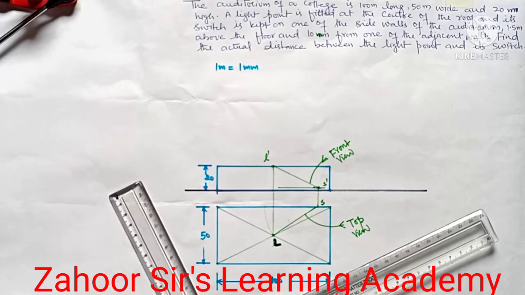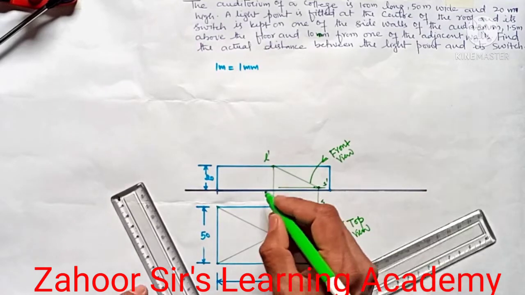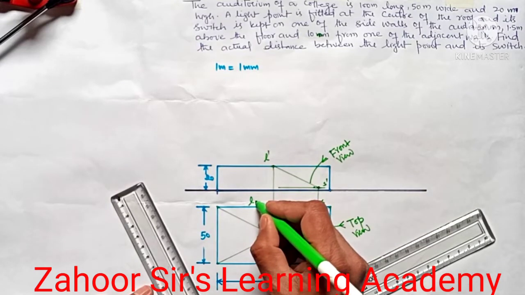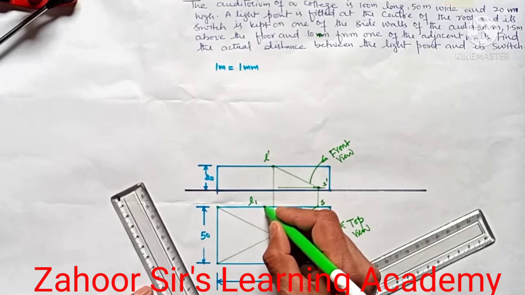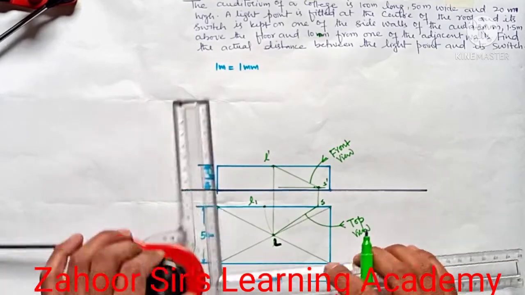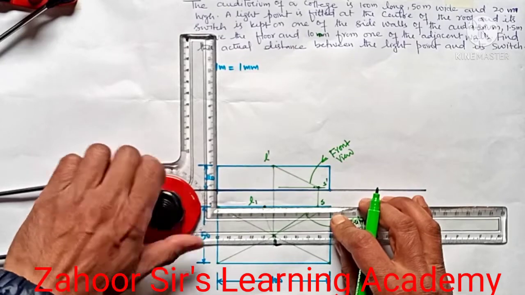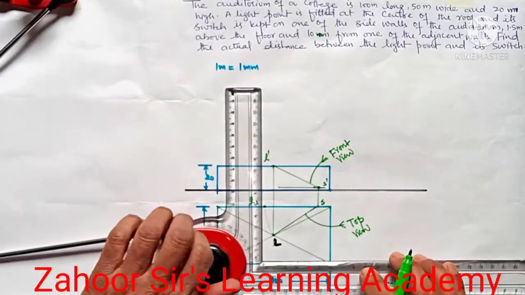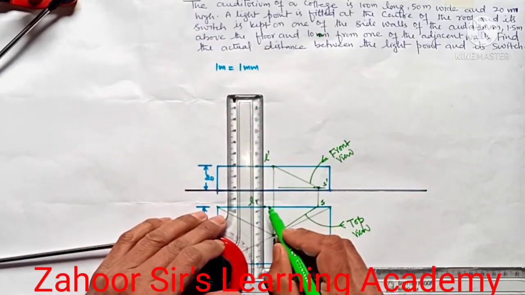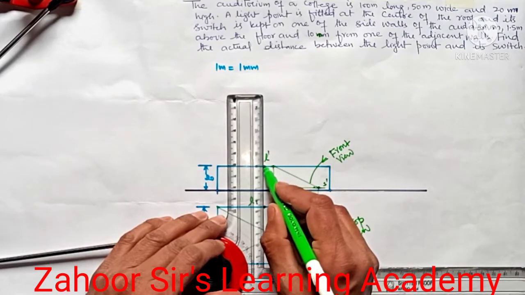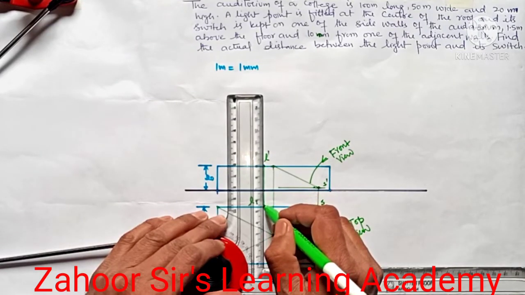Let's keep this point as L1, where it intersects. We need to fix the drafter, and from there I will draw a perpendicular line like this.